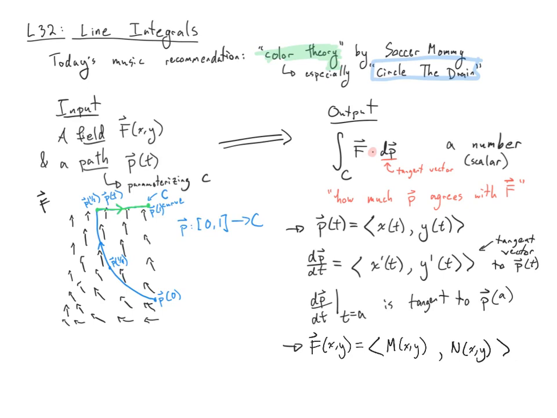Okay, so let's now make sense of this expression in general. And so in general, I'm going to assume p is mapping from a comma b to c, our curve c, so that p of a is the starting point, and p of b is the stopping point, the end point of the curve.